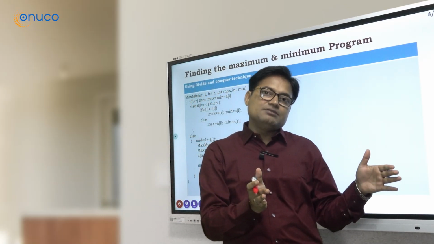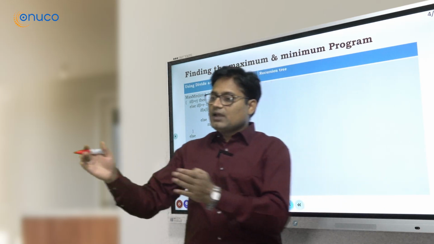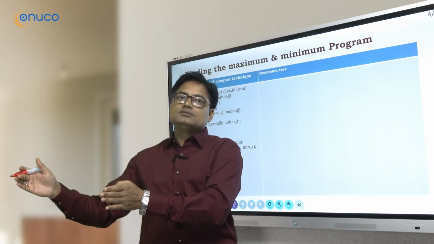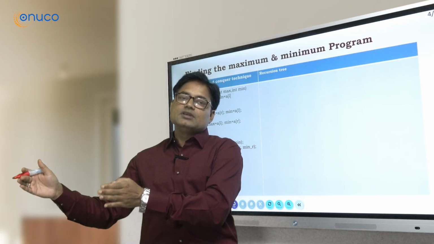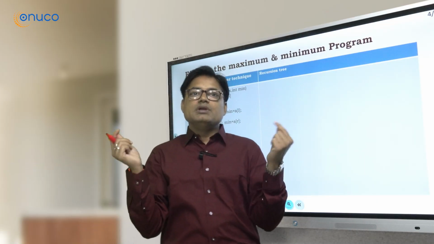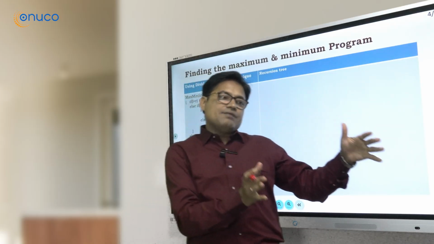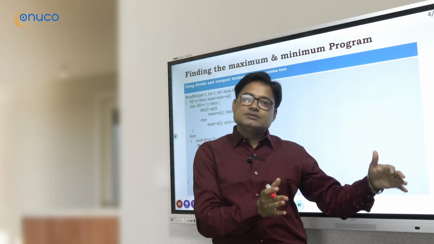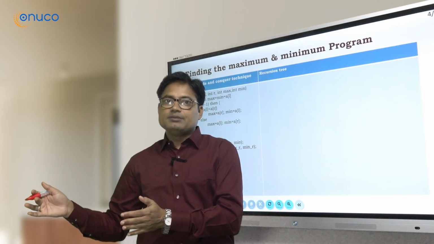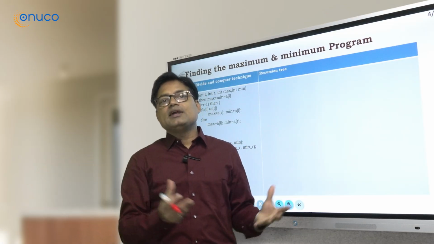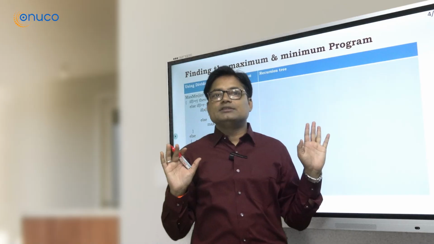The first set of 3 will have a minimum element, and the last set of 3 will have a minimum element. We compare both minimums and find the final minimum. Similarly, each half of the array will have a maximum element, and comparing them gives the final max element.